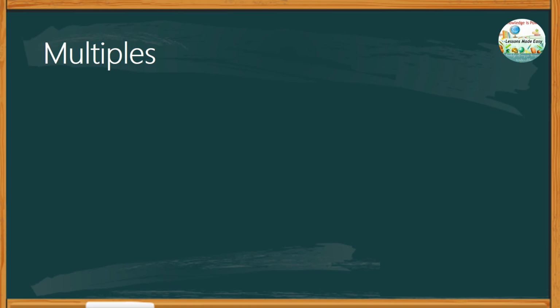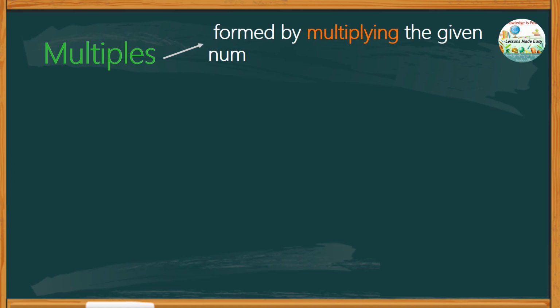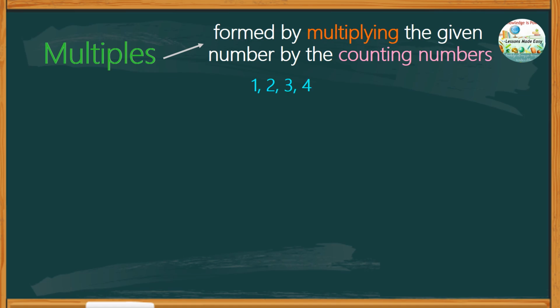This time, let's talk about multiples. How are multiples formed? Multiples are formed by multiplying the given number by the counting numbers. Counting numbers are the usual numbers we use when we count, like 1, 2, 3, 4, 5, 6, 7, 8, 9, 10, and so on. So suppose we are looking for the multiples of 6.